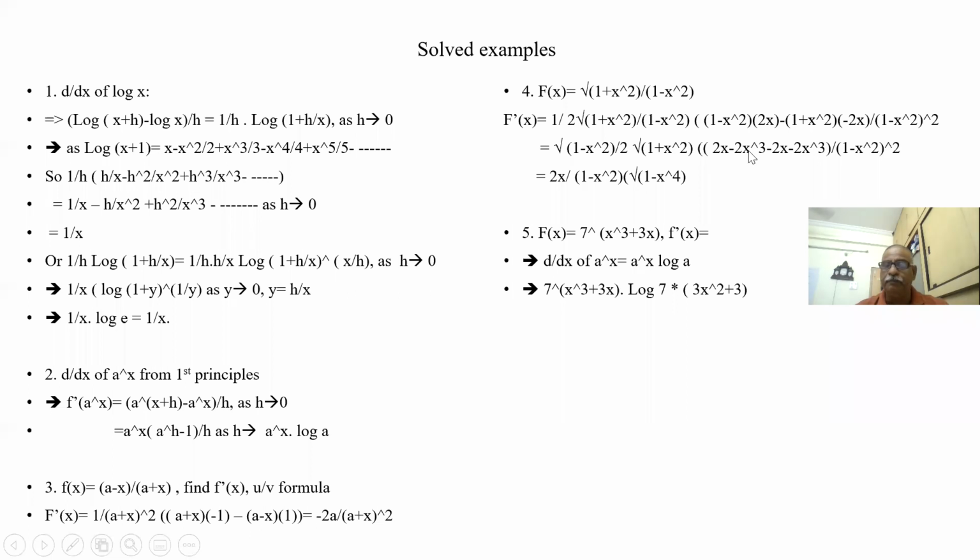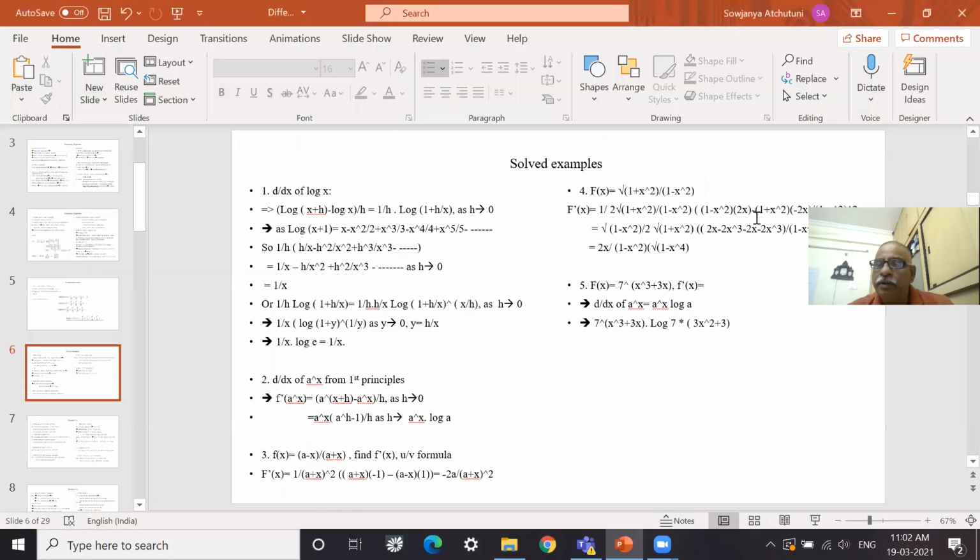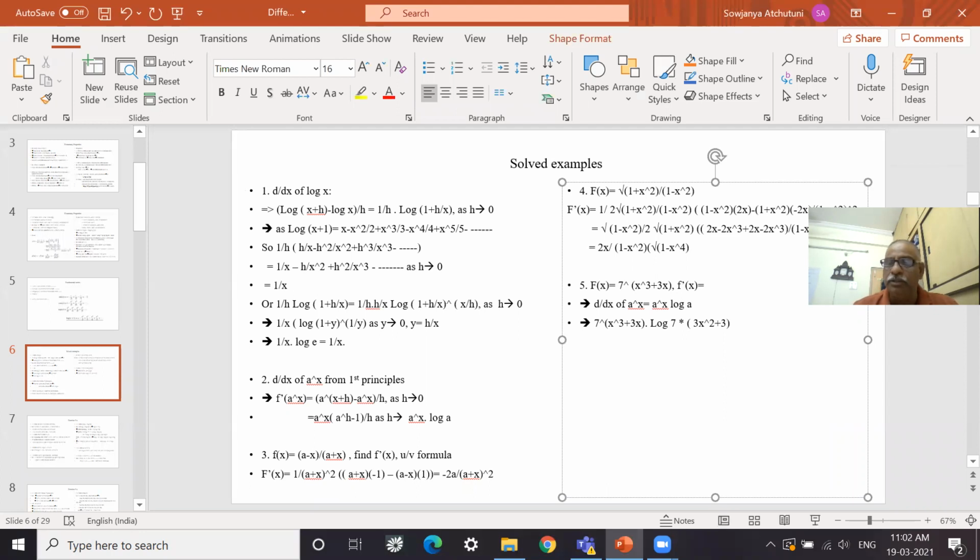Here you see, here minus into minus plus. So plus 2x cubed. These two signs are wrongly written. So 2x and 2x will not get cancelled, 2x plus 2x is 4x. 4x by 2, it becomes 2x.